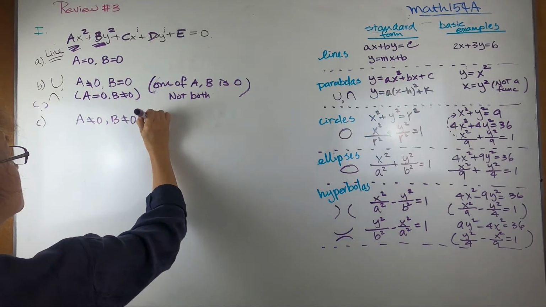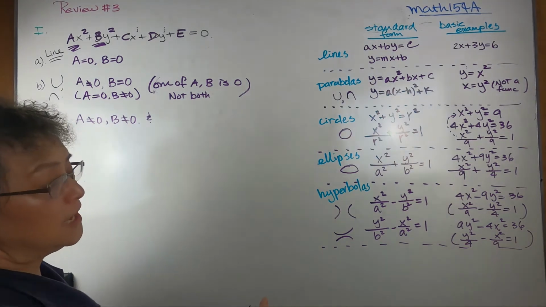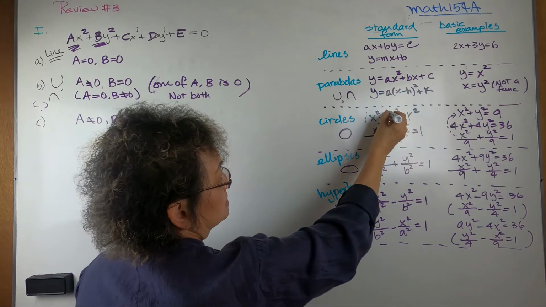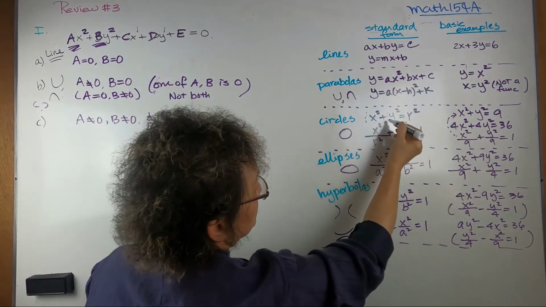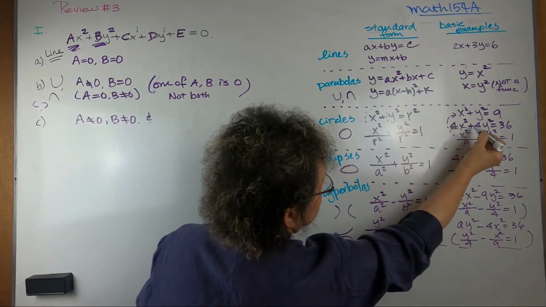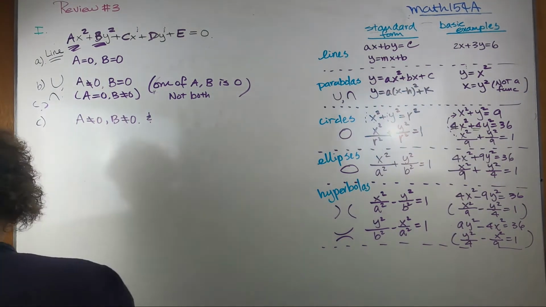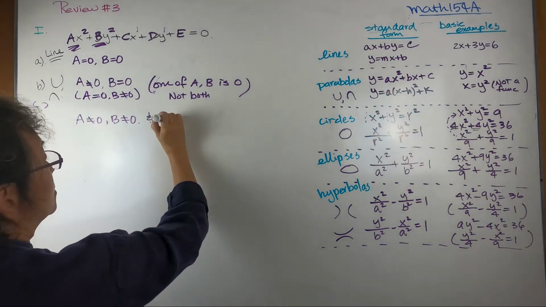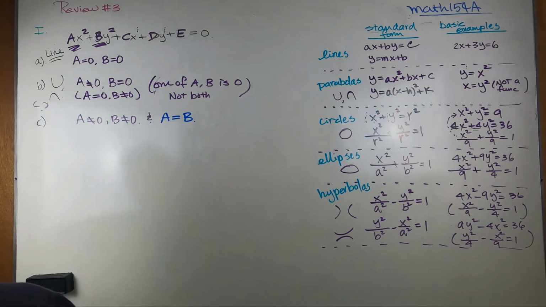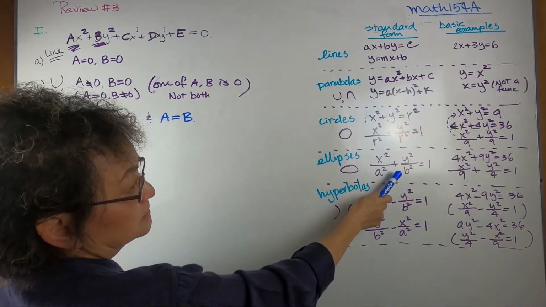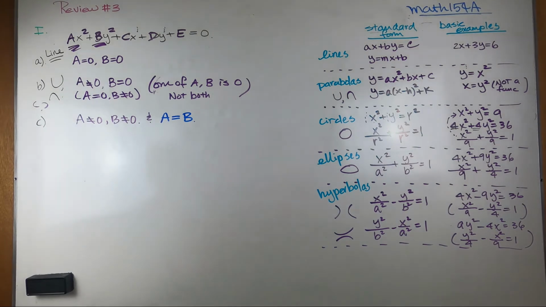However, okay, take a look. If it's a circle, you have to be what? Here is 1, right? In front of x squared, y squared, A and B have to be 1, or they can be the same. You can divide over, right? They cannot be 0 at the same time, what? A equals B, right? A and B have to be the same. If they are different, see, like here, it becomes what? An ellipse instead, right?